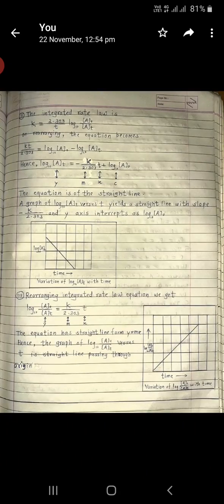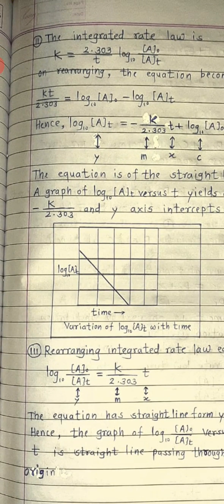Now the second graphical representation, the integrated rate law. What is the integrated rate law? k is equal to 2.303 upon t log to the base 10 A0 upon At. This is the integrated rate law for first order reaction.